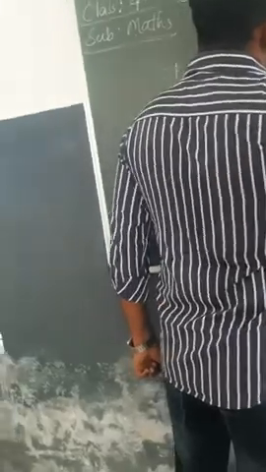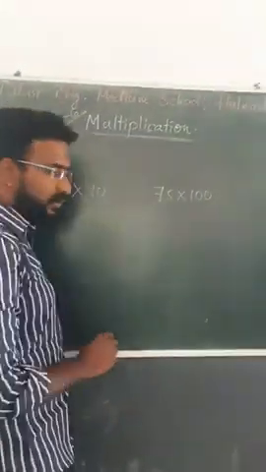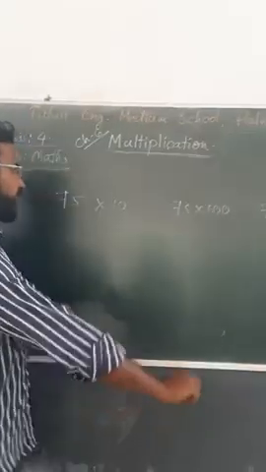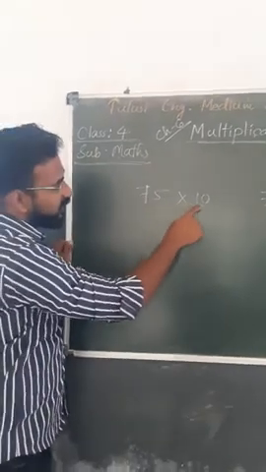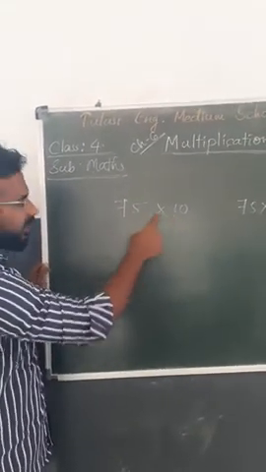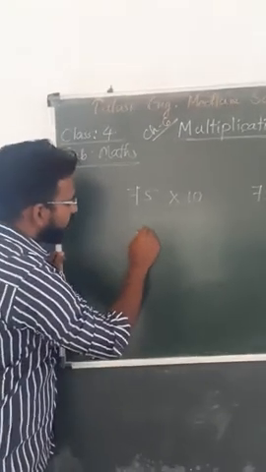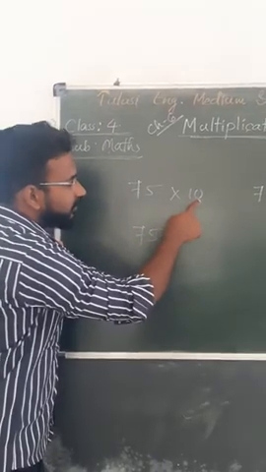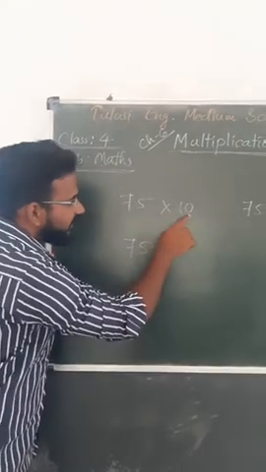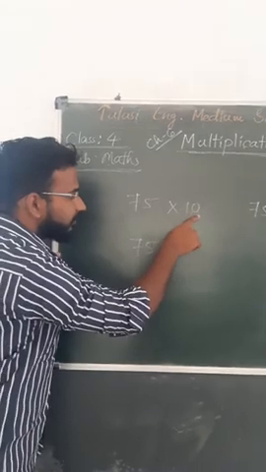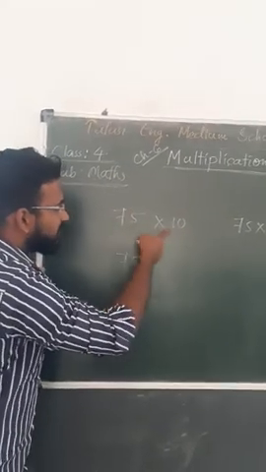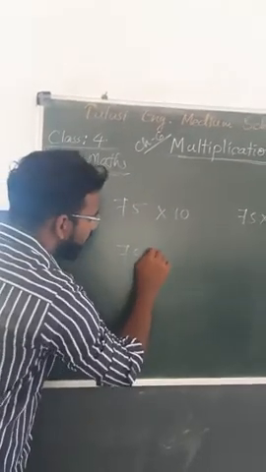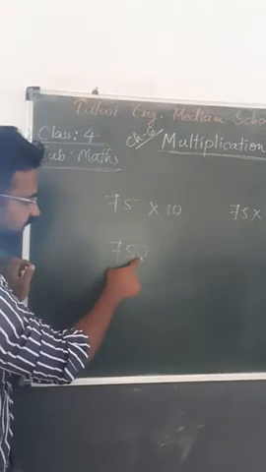The same number I am going to multiply by 100, 75 into 100. Next, 75 into 1000. When we are going to multiply a number by 10, it's very simple. Just write the number 75. In 10 only one zero we have. Here, multiply by 10, it means we just have to add a 0 to the right side of the number.